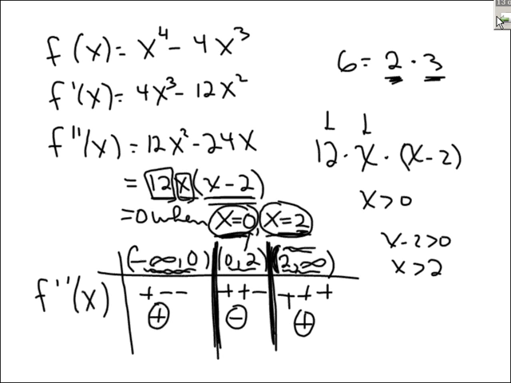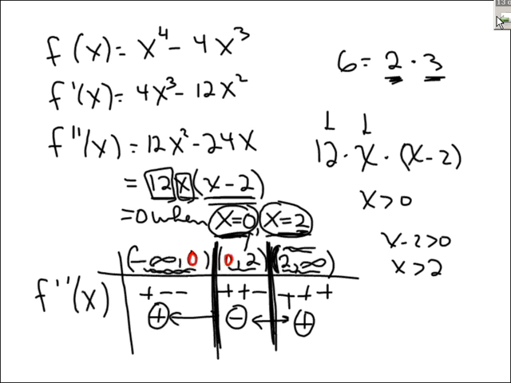You multiply those three signs, you get the answer. Okay. You have a sign change right here. So, you have a point of inflection at 0. Once again, you have a sign change in the second derivative.